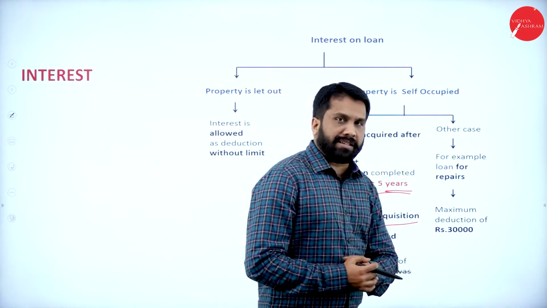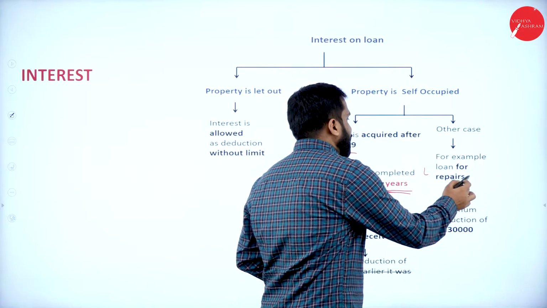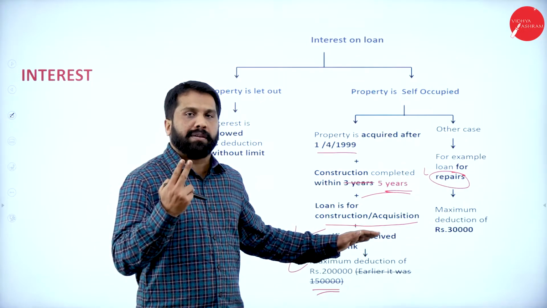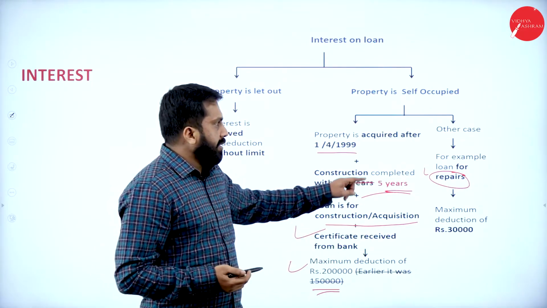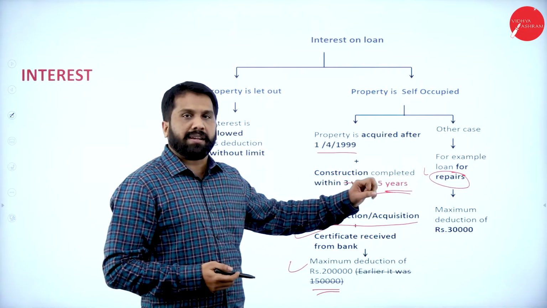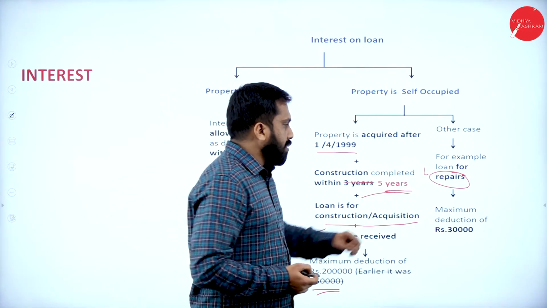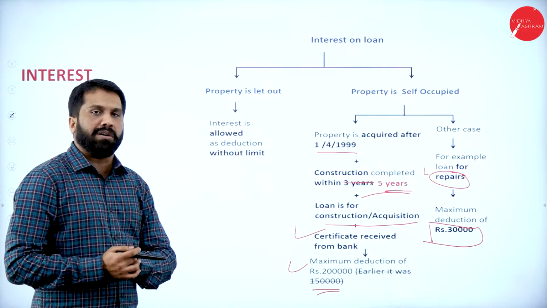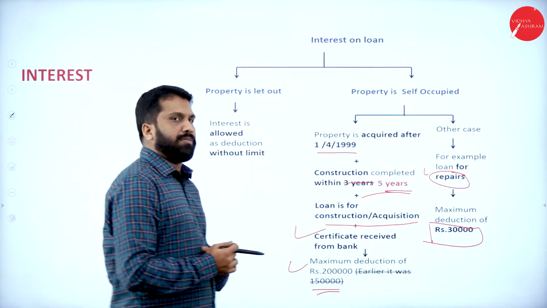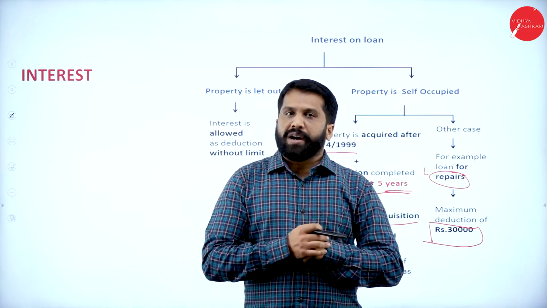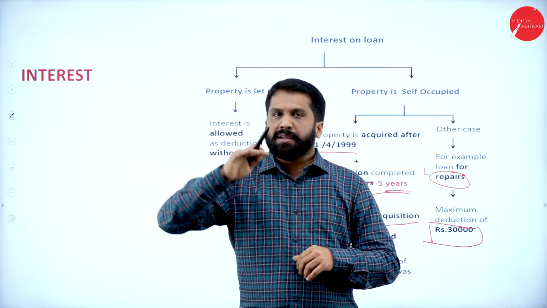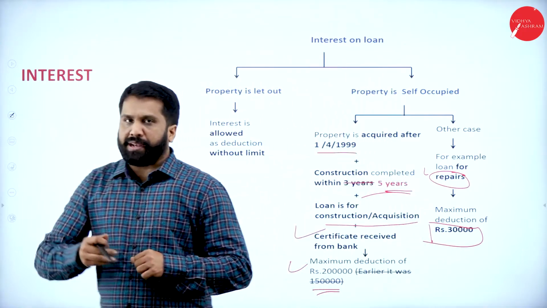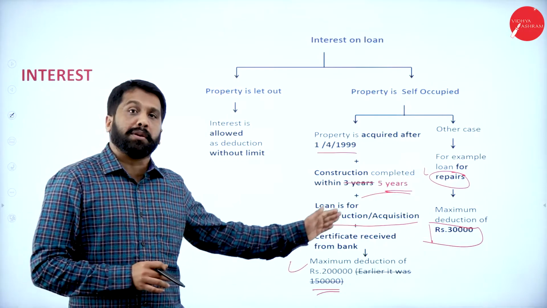In the case of other cases, for loan for repair, for construction and acquisition, up to 2 lakh per year is exempted. In case of repair, up to 30,000 is the maximum deduction. Clear? For repair, assume that you have to do whitewashing as well as some plastering, or else your main gate or main door is broken and you have to do repair work.